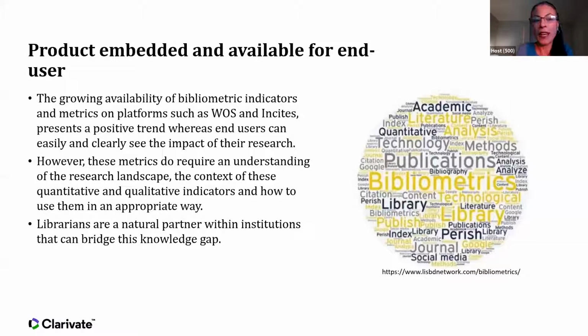When you look at some of the products today, such as Web of Science or Insights, most of you have noticed that there are many indicators and metrics that are available now on the end user side. So in any product, you can perform a search, you can analyze the results and use a variety of metrics that are available on the products themselves.